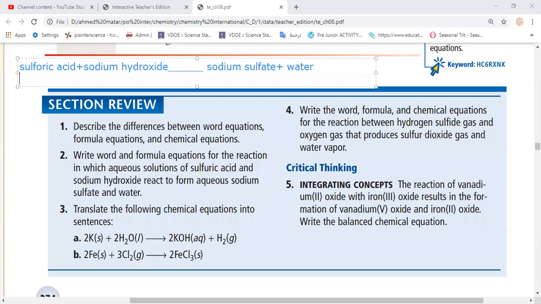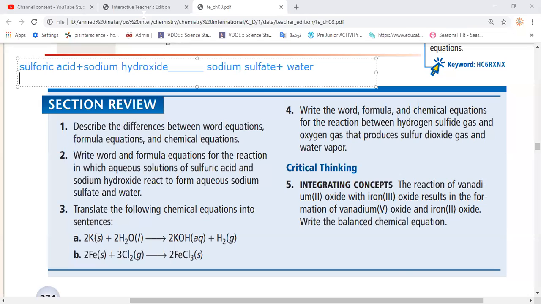H2SO4. Brilliant. The 2 and the 4 are supposed to be subscripts, small and down, guys, but here we didn't, so I'm gonna try to write it in pen.